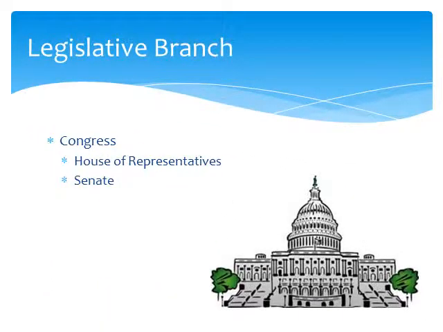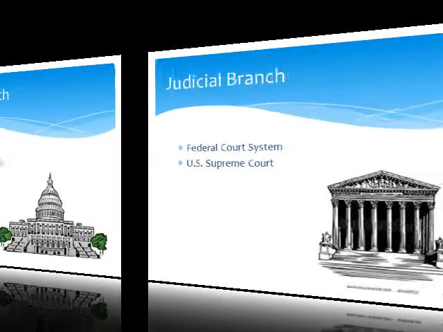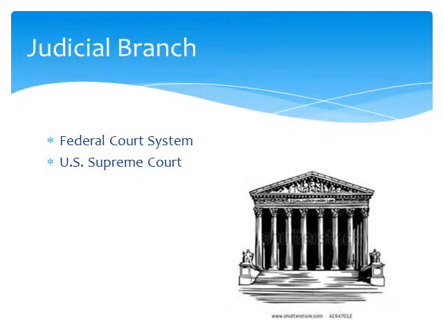Under the legislative branch, you would find Congress. Congress is a bicameral legislature, which means it is comprised of 2 houses. There is the House of Representatives and the Senate. Then lastly, under the judicial branch, you have the federal court system, which includes the Supreme Court.